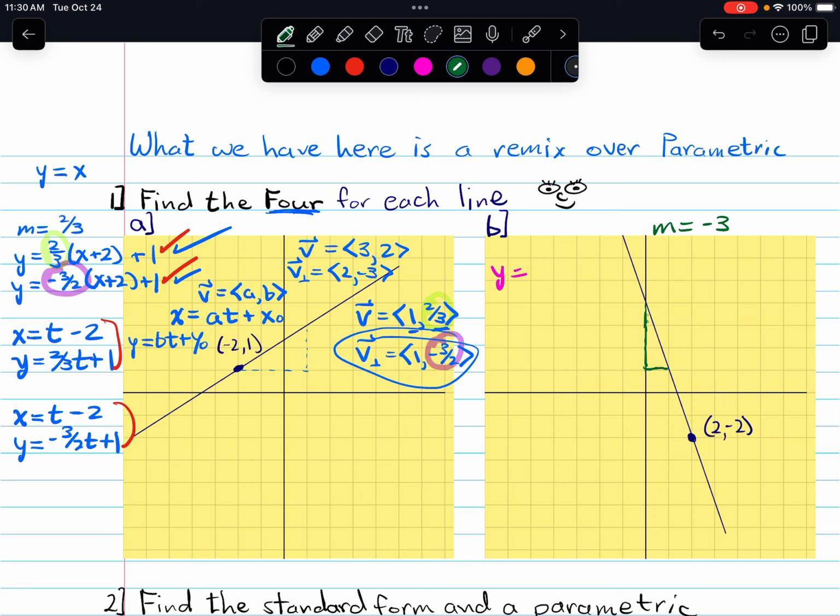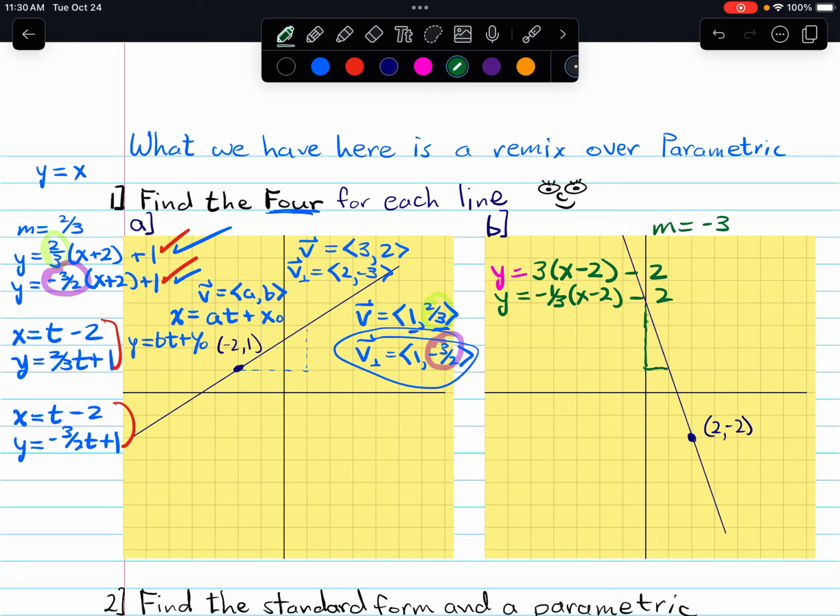So I'm not going to have y equals x, I'm going to have y equals -3x. But I'm also shifting it over to the right 2 and down 2, like that. And then for the perpendicular, I've got 1/3 x minus 2 minus 2.